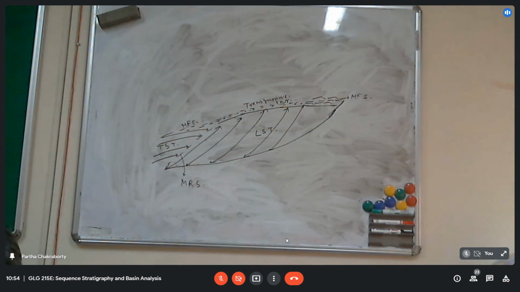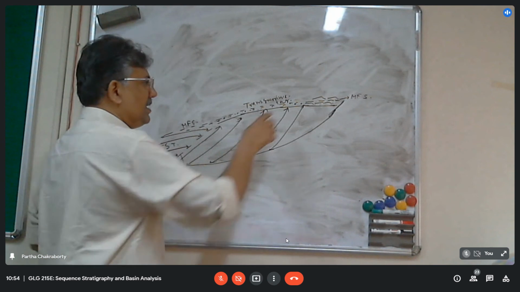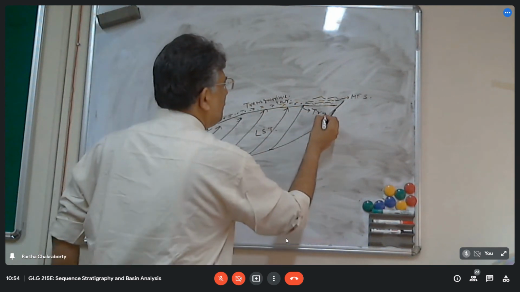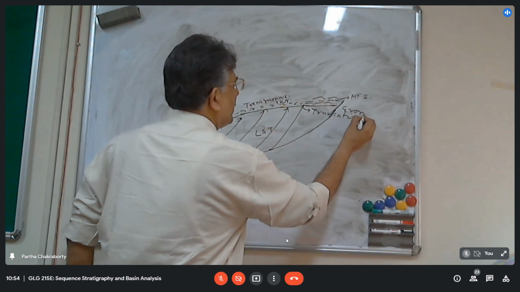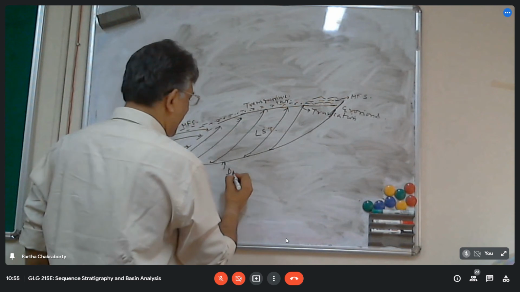Now that knowledge is being shown here in perspective. This is the LST. On this side, it is truncation, erosion and damage, and on this side, it is downlap.